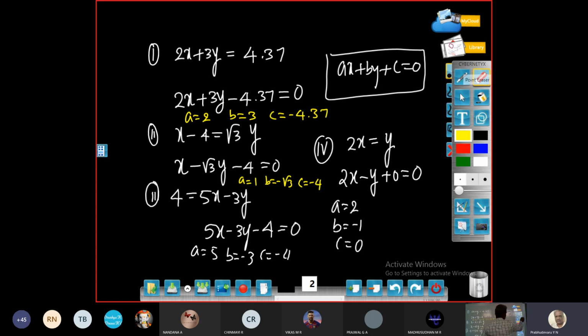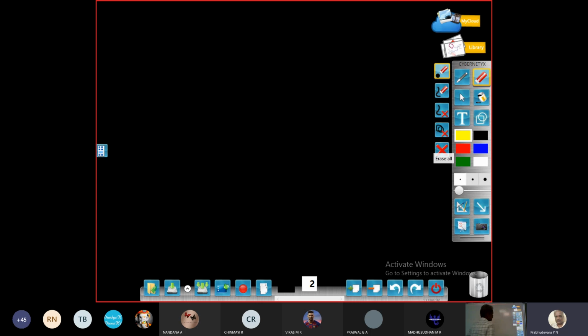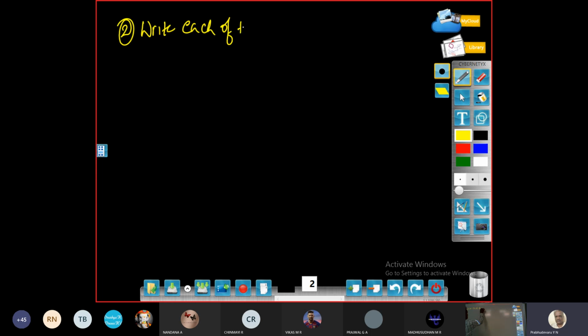So then I will move to the next one. So now, second example question. Write each of the following as an equation in two variables.